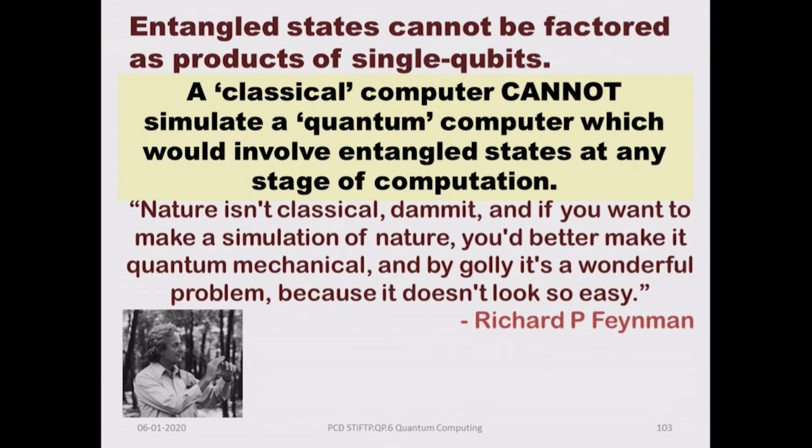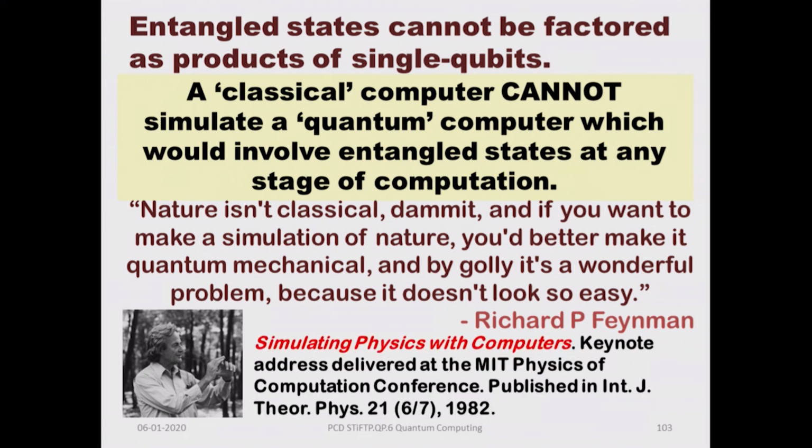This is what Feynman said in 1982, all right. This was in a keynote address he gave at MIT at a conference on physics of computation. This is what triggered the interest and excitement about quantum computation, other than the work of Deutsch, which I will also be talking about in the next class.